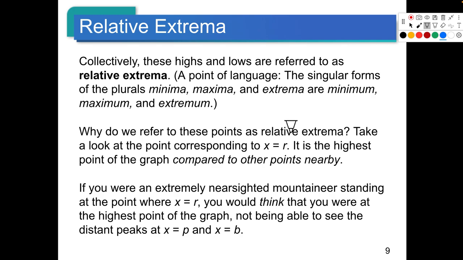Okay, so again, you can kind of walk through here, and whenever we're thinking maximums, it's kind of looking at things that would look like a mountain, a hill, or something like that.